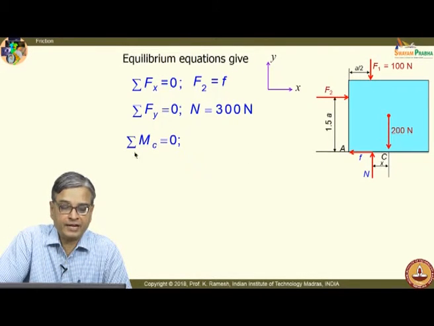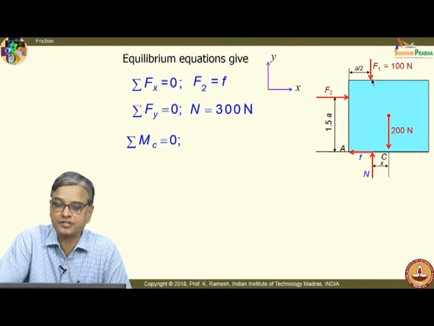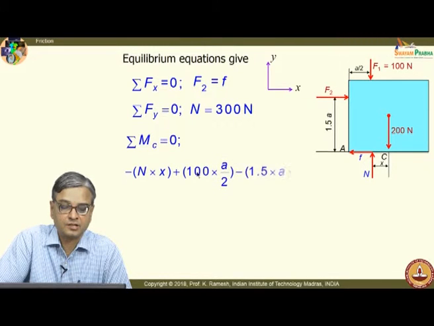And if I take moment about the point C, which is taken here, I can very well see that this force will give a clockwise moment. This also will give a clockwise moment, and these two forces will give anti-clockwise moment. So, I get an expression minus N into x plus 100 into a by 2 minus 1.5 a into F2 equal to 0.